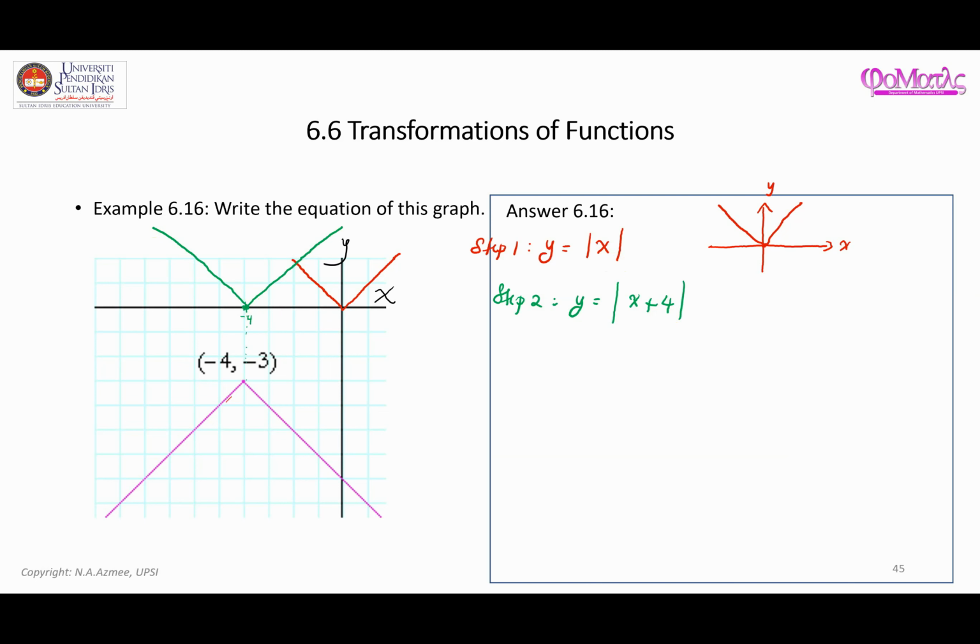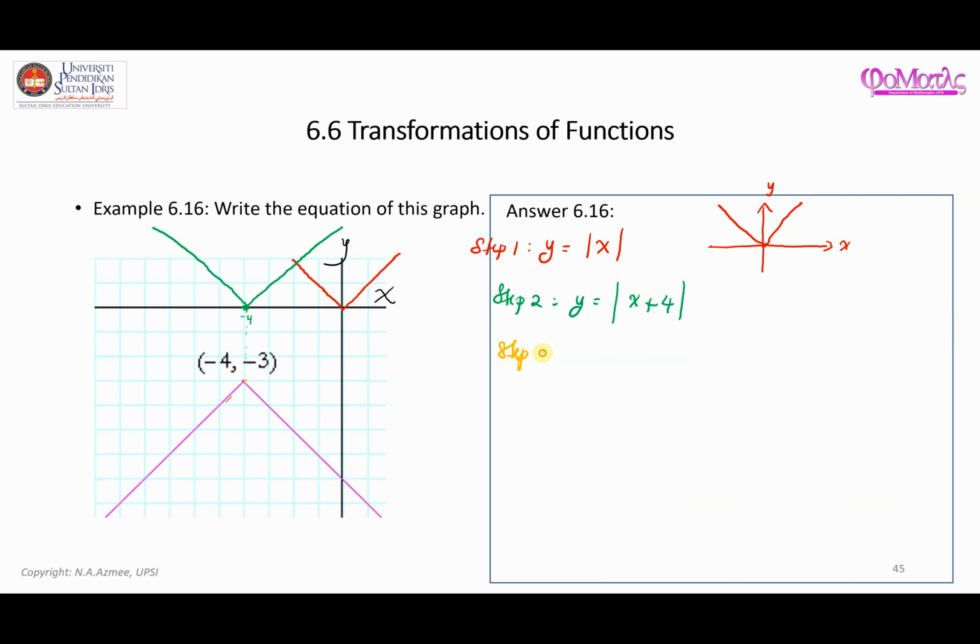Now, I hope you can see that there is some sort of gap between this point and the x-axis, which is not given by the graph I have right now. So I need to introduce another number, another factor, to this expression.